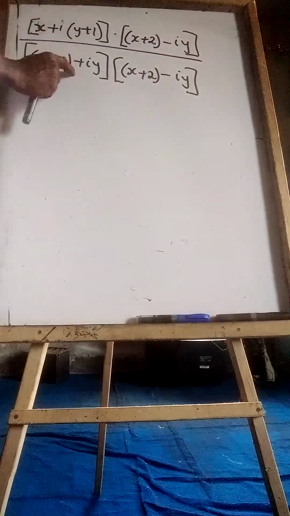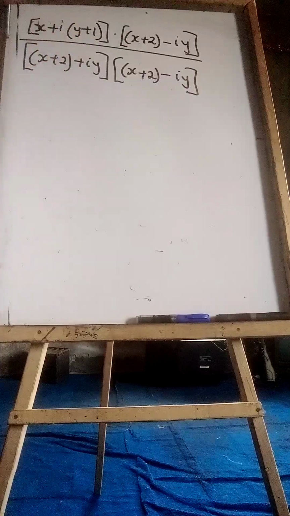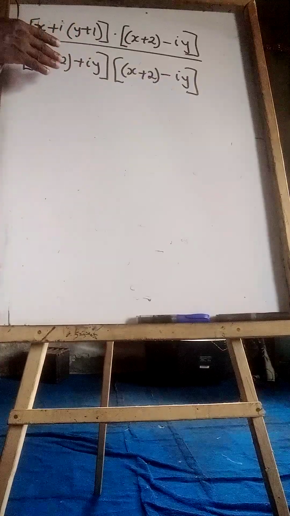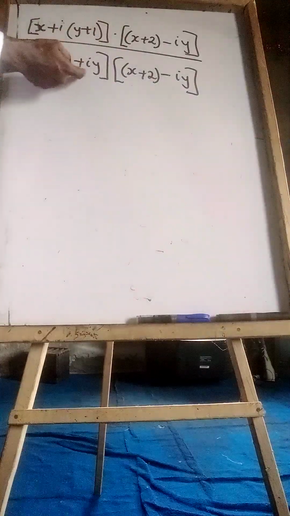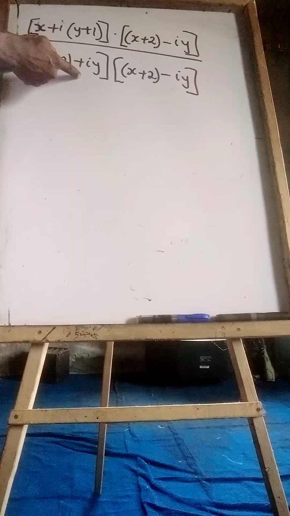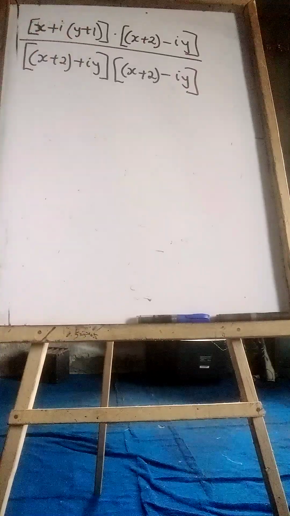This over this is the original information we have from the question. But now, I want to remove the imaginary part from the what? Denominator through the process similar to rationalization.